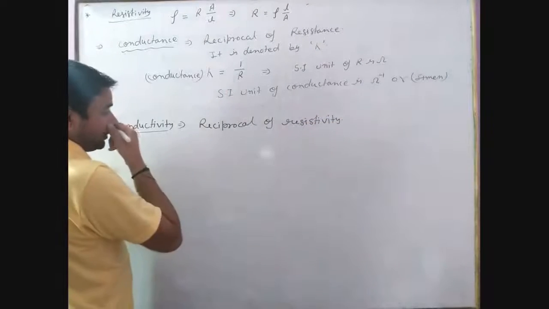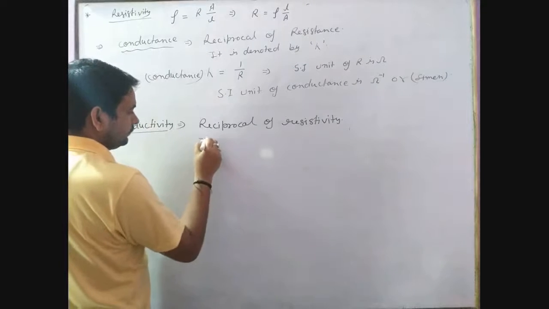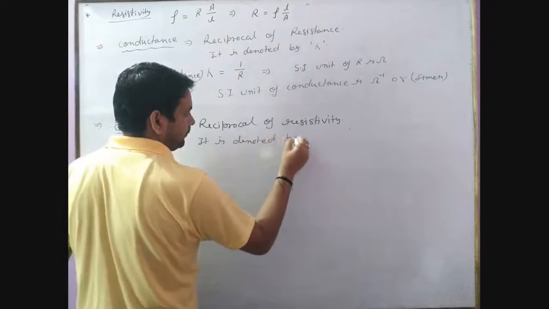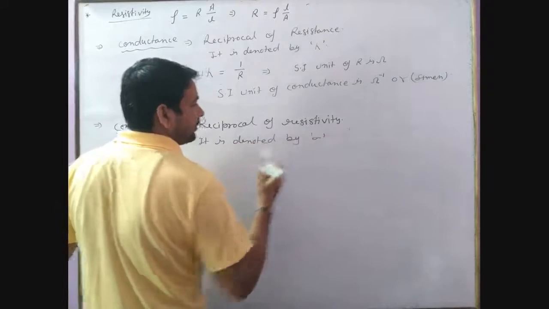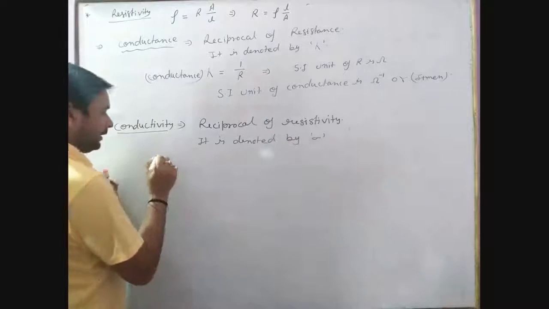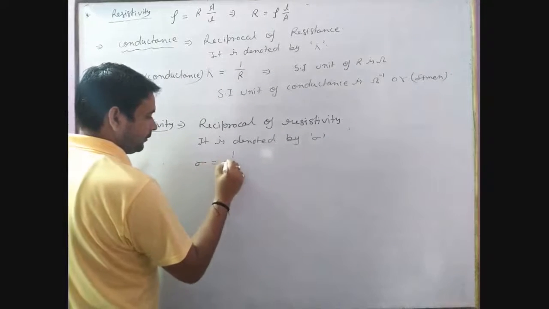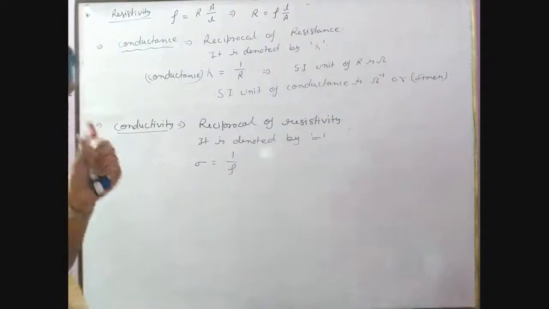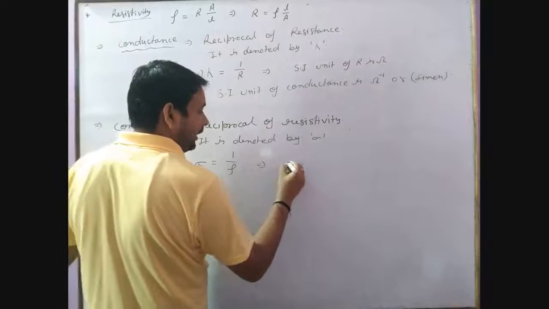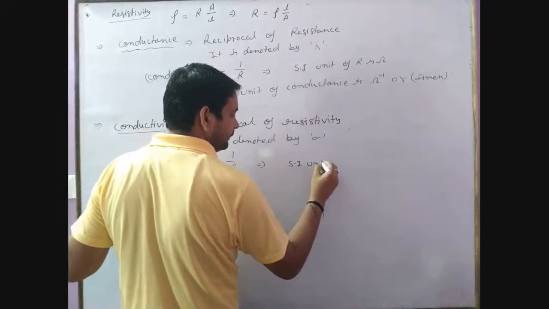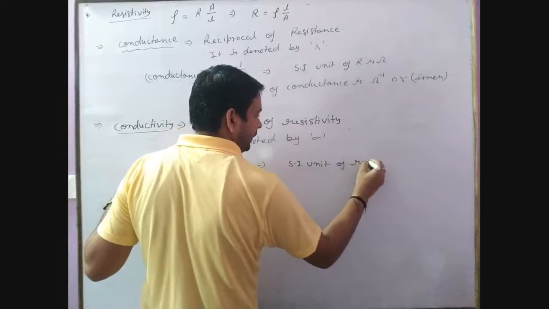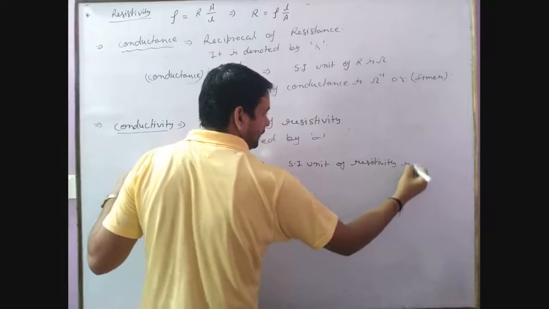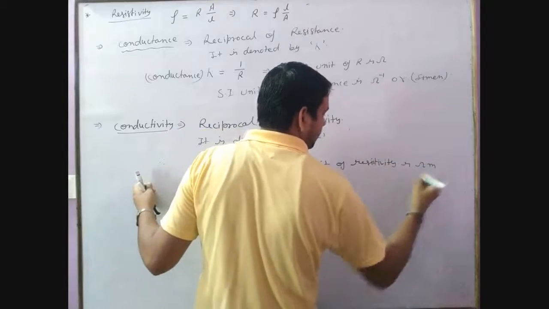It is denoted by sigma, and it is given as a mathematical relation with the reciprocal of resistivity. Here the SI unit of resistivity is ohm meter.